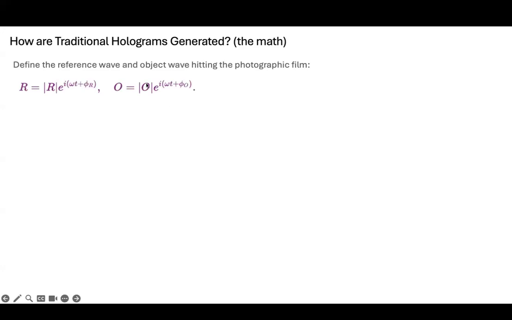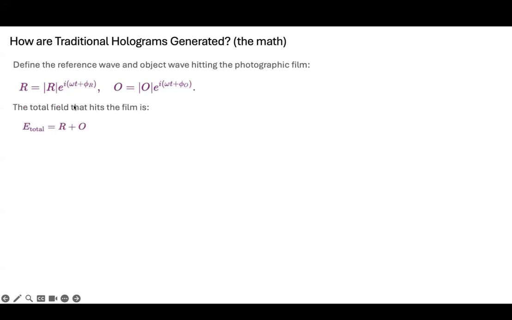The last thing about traditional holograms is I wanted to talk about the math. I think it really helped me understand how holograms are generated. So if you define the reference wave and object wave hitting the film as R and O, you can write each as an amplitude term, which is the absolute value of R, times a complex number to describe the wave behavior with its frequency and phase.